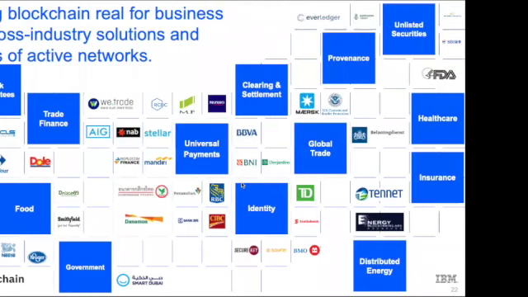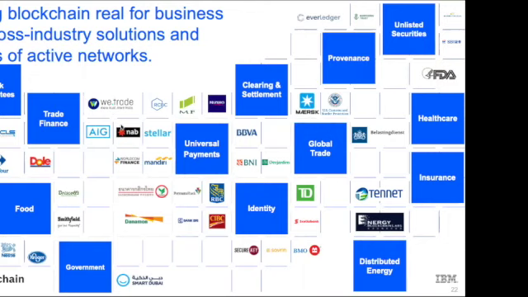The other thing I want to point out is there are lots of blockchain networks out there and in production today that we're standing up within IBM. I mentioned the IBM Food Trust Network, where we've got Walmart, Golden State Foods, Nestle, Kroger, Smithfield, Driscoll's, Dole, Carrefour, and others as members. With TradeLens, over 50% of the world's ocean cargo is now participating in that network.